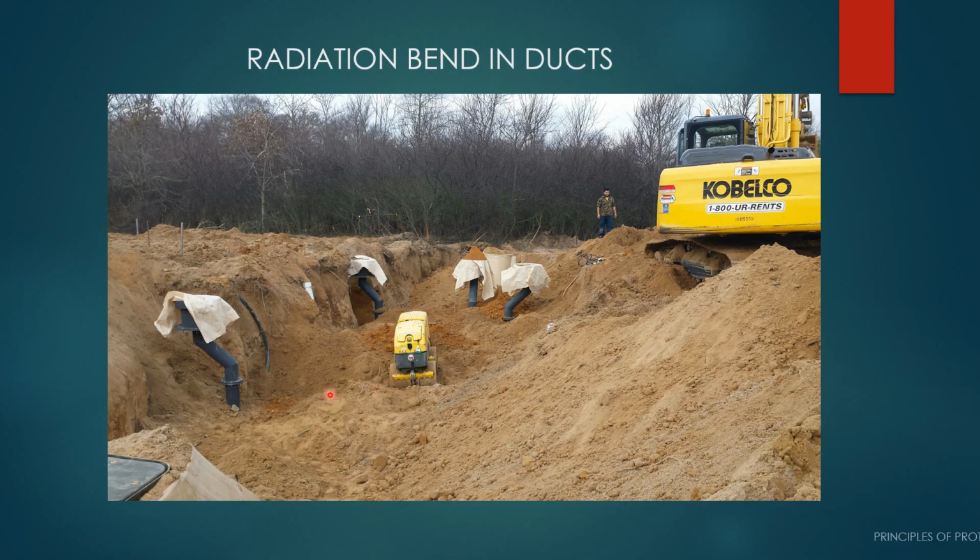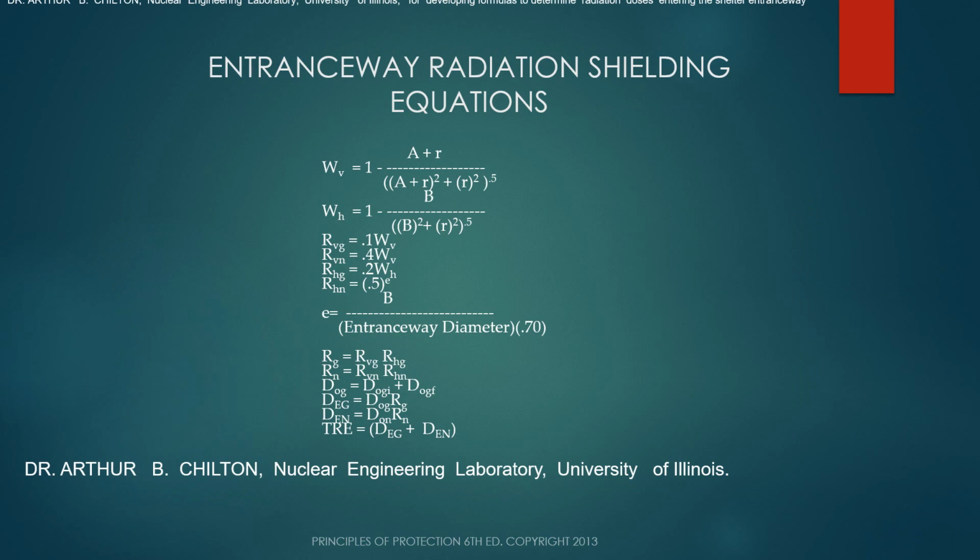You can see here, we've got one entranceway here, there's another one here, and there's radiation bends in these tubes. And that's important especially for overhead entranceway radiation. So in the analysis, you need all the penetrations in the shelter with a radiation bend in it.